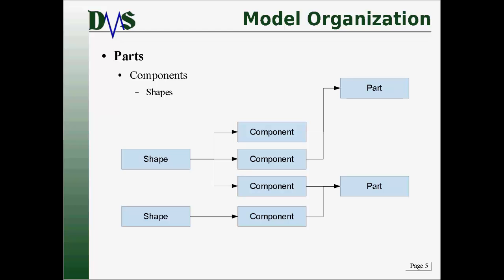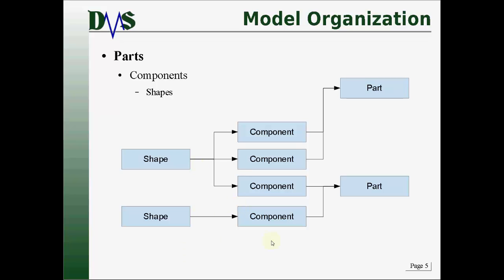The way that breaks down is you can see, for example, if we had 2 separate shapes, that shape could then be used in multiple components or in just one component, and then those components feed into parts. You can see a part can have multiple components, and each component can be pulling from a different set of shapes.